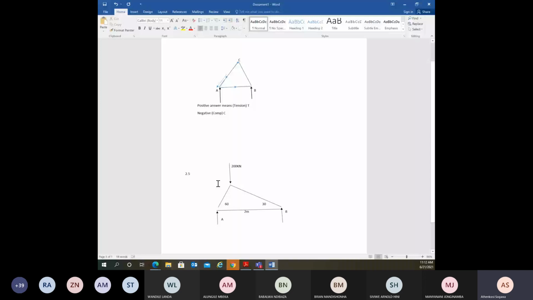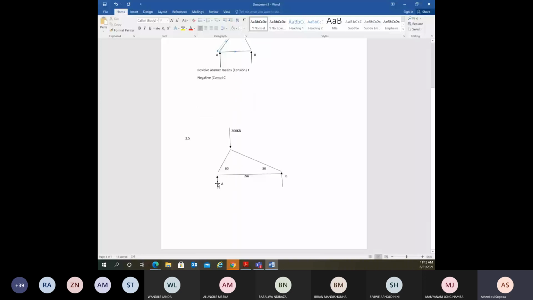Having this information allows you to determine the reactions. For instance, if you want to determine reaction A, you will take moments about B.